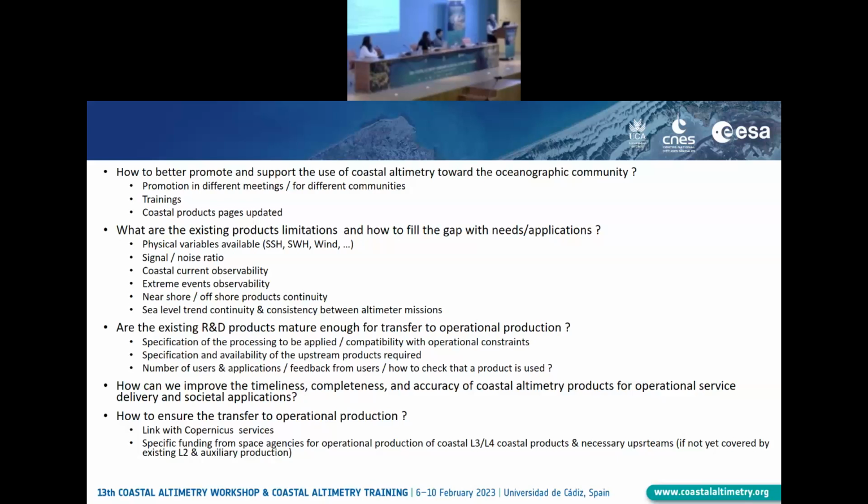And let's say, scientists developing processing algorithms, developing models of the ocean circulation in the coastal zone, we probably don't need to worry too much about, the people who are going to use the data.